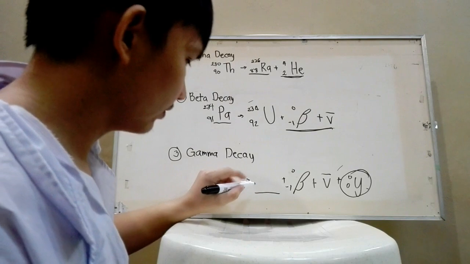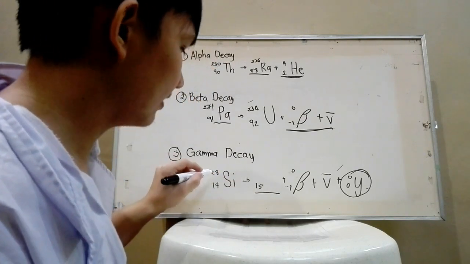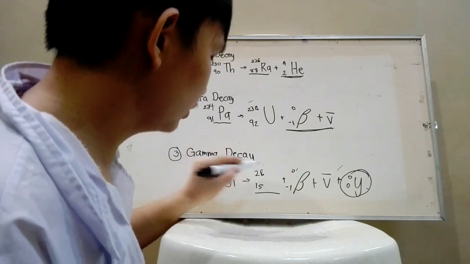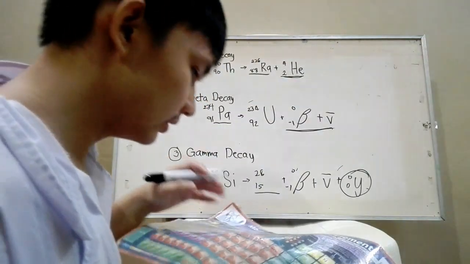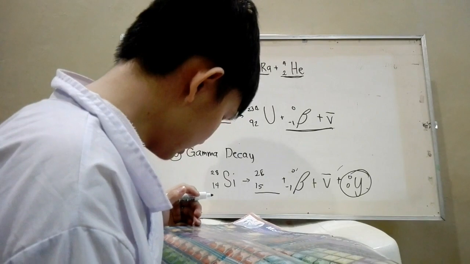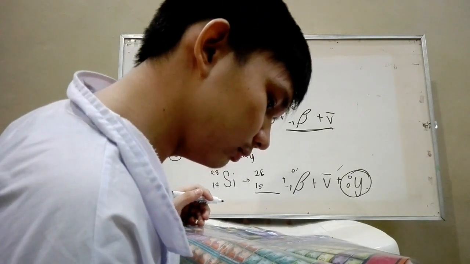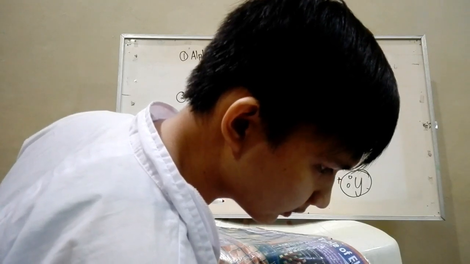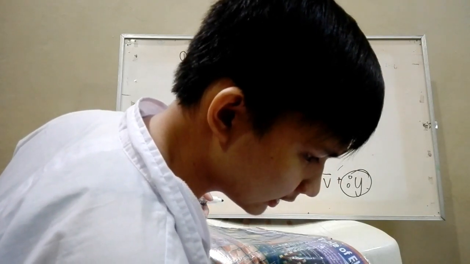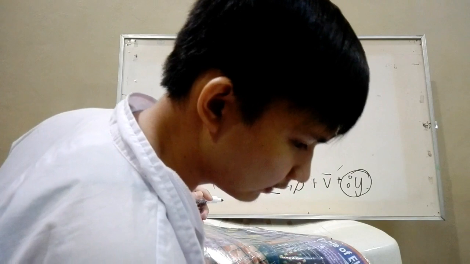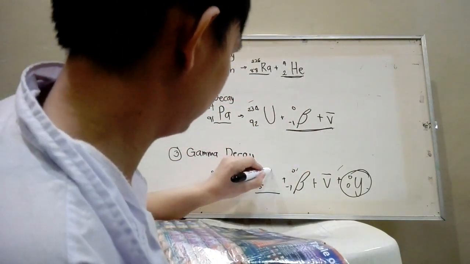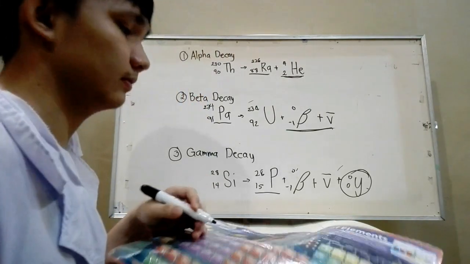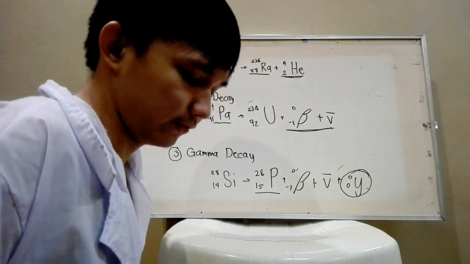So of course it's 15, and you will have to copy, since it's 0 here, 28. So what's the 15th element on the periodic table? It's phosphorus. So that's it for the first 3.